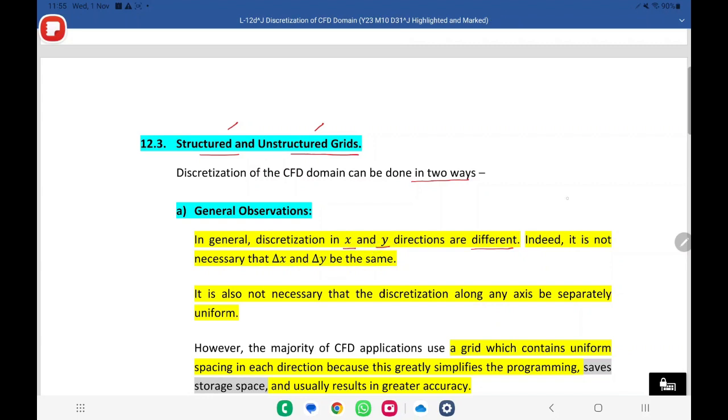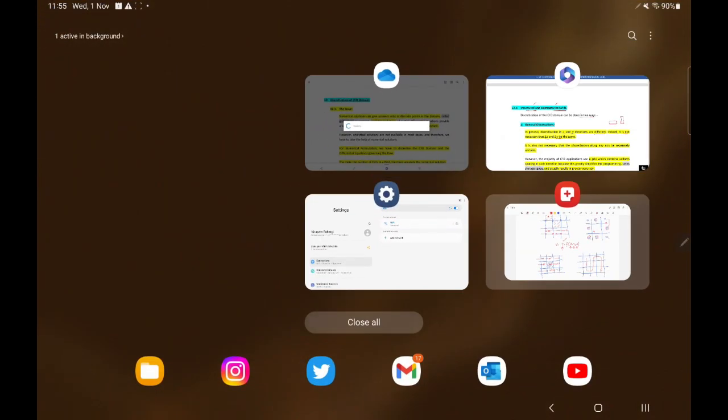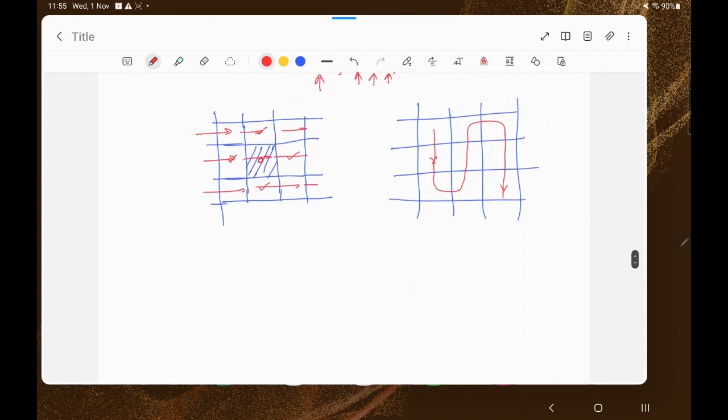That means your cell can be like this, or it can be like this, in the simplest case. You get the point? So indeed it is not necessary that delta x and delta y be the same. If I am dividing a domain, I can divide it like this.